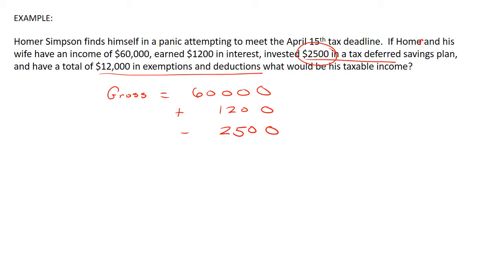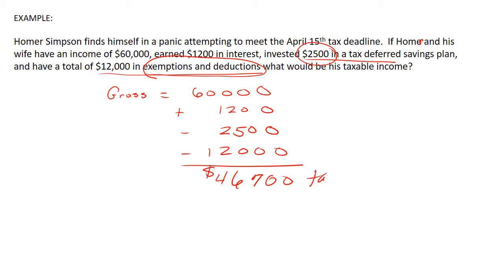They also have exemptions and deductions. These are things that we can subtract from the money that we owe. So if we take these amounts and total it up, it looks like we end up with $46,700, and that would be the taxable income.